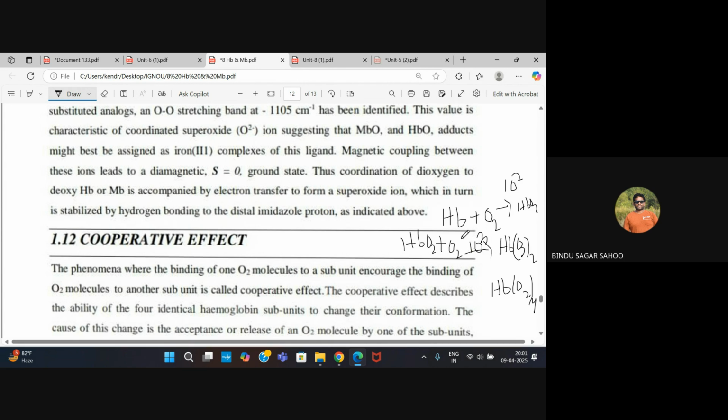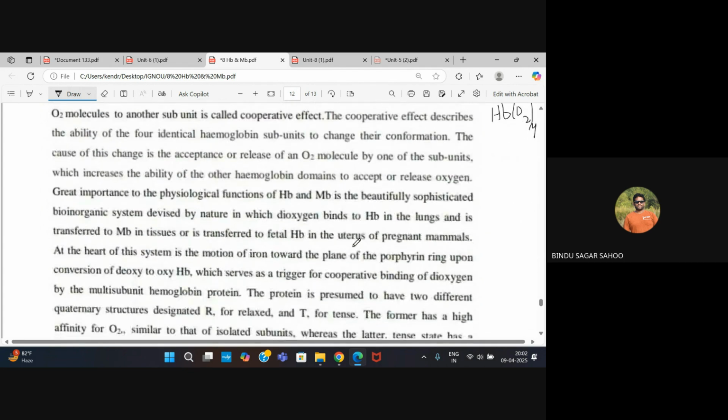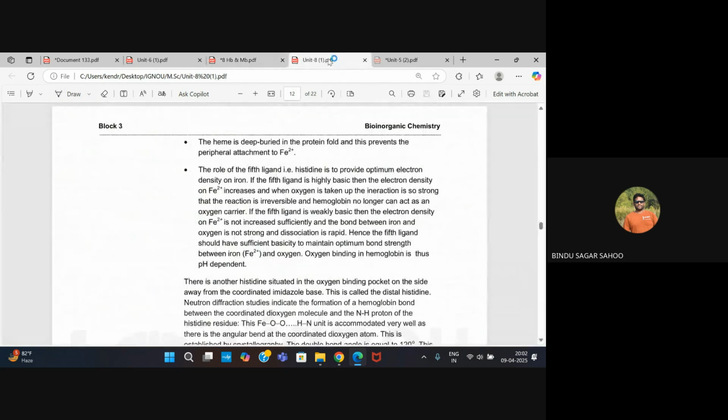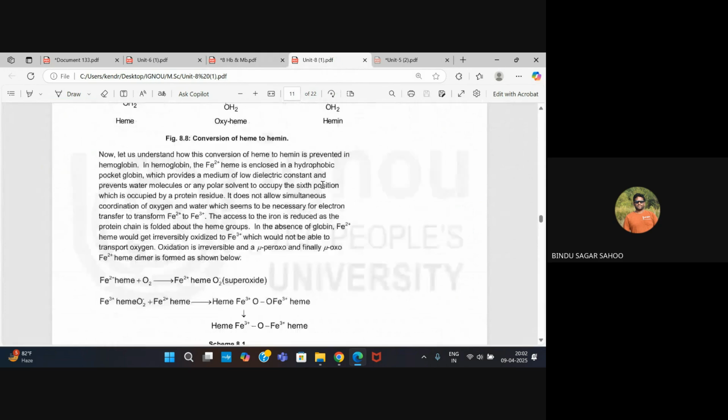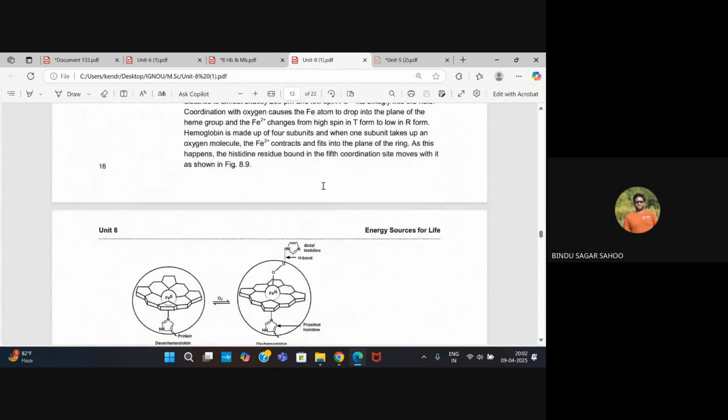In the second case, the rate of oxygen addition is very, very fast. This is called the cooperative effect. If one oxygen binds with one subunit, it increases the ability of other subunits to approach another oxygen molecule. This is called the cooperative effect, and the cooperative effect structures may be present in your material.